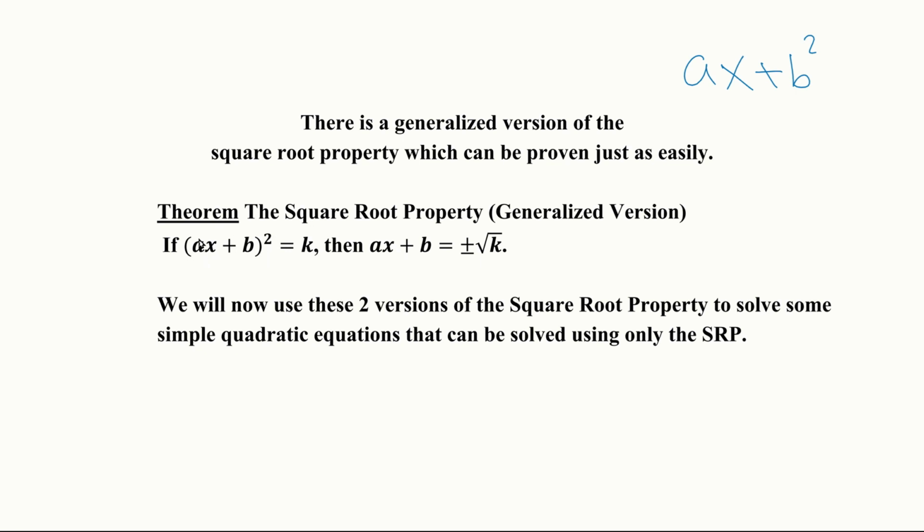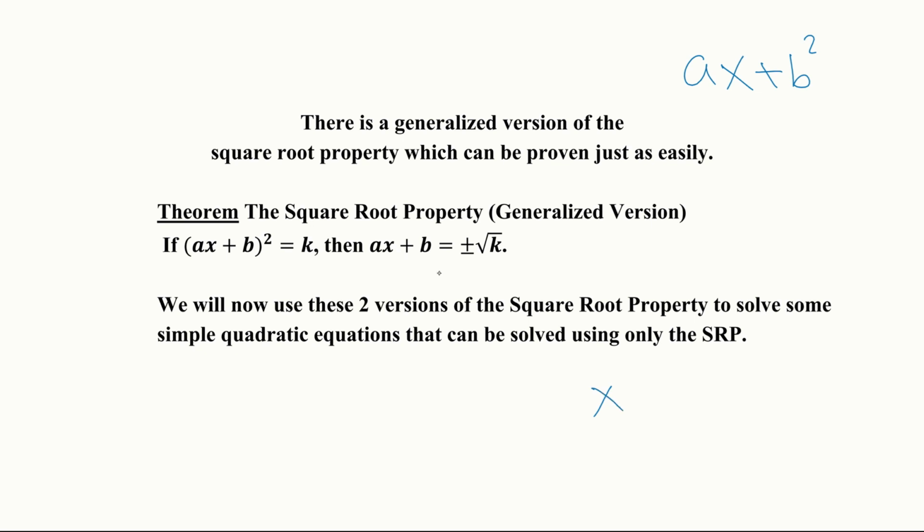That way we know that all of ax plus b is being squared, not just the what? Not just the b part. So if quantity ax plus b squared is k, then ax plus b is going to have to be what? Positive or negative square root of k. All of these make a lot of sense, right?